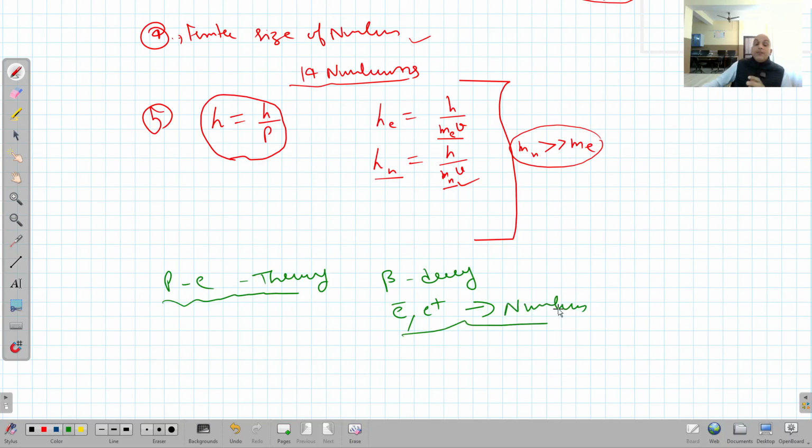So now if the electron does not exist inside the nucleus and neutron exists inside the nucleus instead, then why are electrons coming out of the atomic nuclei in the beta decay process?